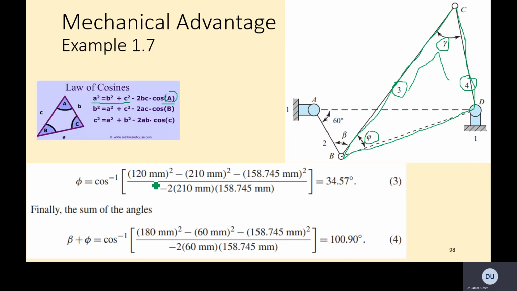So this is again the equation being rearranged. As such, you can determine the value of phi. So you can independently work out the angle of phi by using the lengths. So this is 158 is this length, 210 is basically link 3, link BC basically, and 120 is link 4, and then product of both basically just taking the cos inverse. Yeah, just be careful, some values has square as well, so just use correctly.